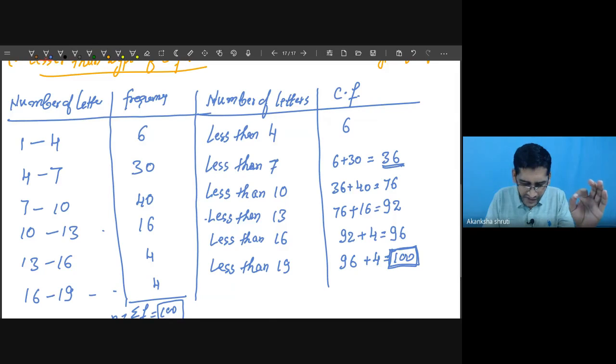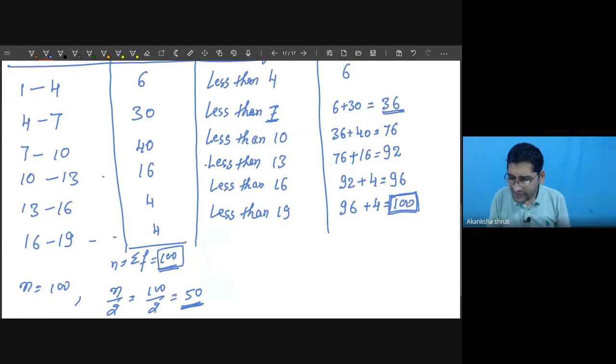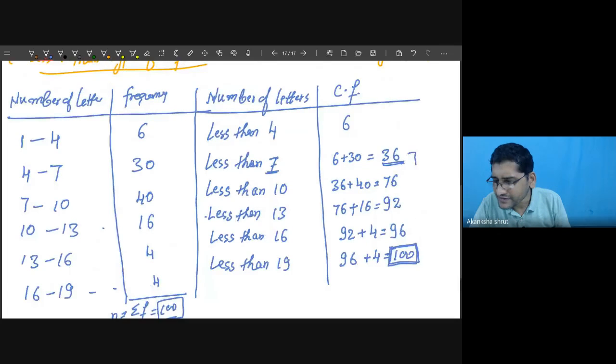36 includes the data up to 7 only, or less than 7. The data 7, 8, 9 will come after this 36, but before the 76. So where does this 50 lie? 50 lies in between these.